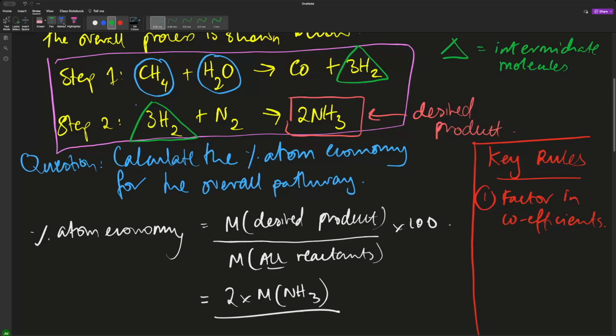But we are going to factor in another reactant, the N2. We needed this N2 to react with the H2, which we got from CH4 and H2O, to make the final product. In blue, these are the reactants. These are what we mean by all reactants. So let's put those into our equation.